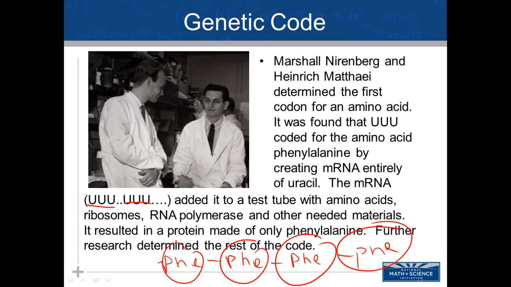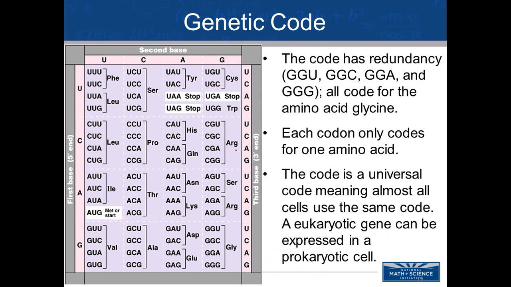And so what that told them is that the codon UUU coded for the amino acid phenylalanine. Later, Nirenberg worked with a gentleman named Philip Leder, and they determined the triplet nature of the rest of the amino acids. And so they made some discoveries about the genetic code.